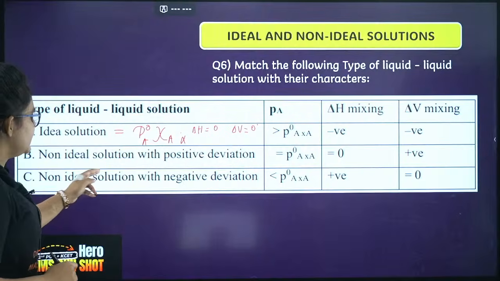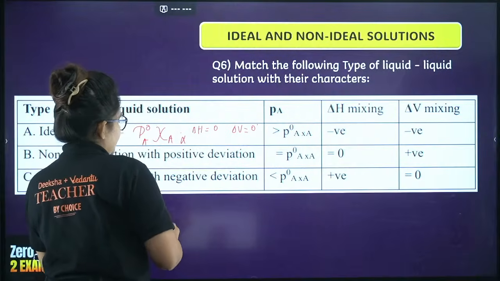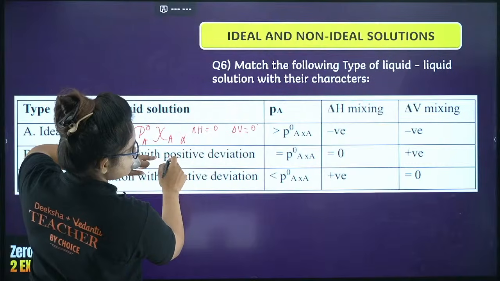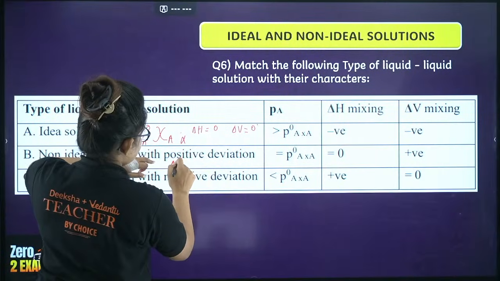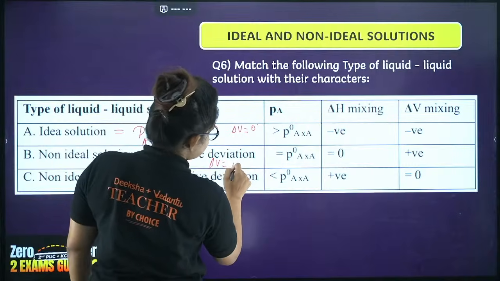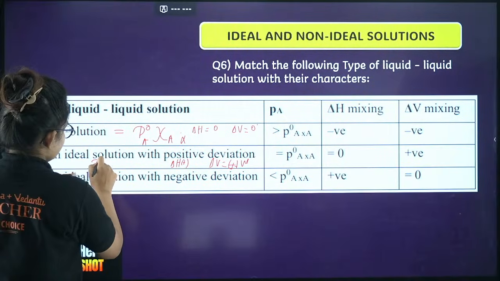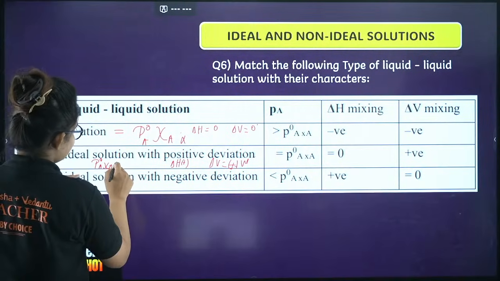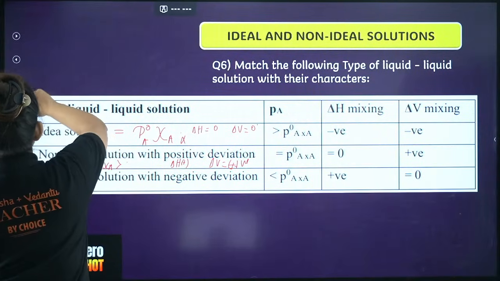Whenever it comes to the non-ideal solution with positive deviation, positive deviation means the delta H value is positive, right? So delta H value is positive, delta V value is positive as well, and P is greater than P0A of XA.